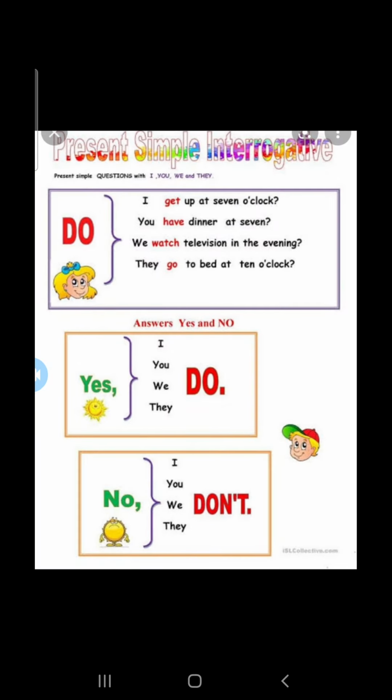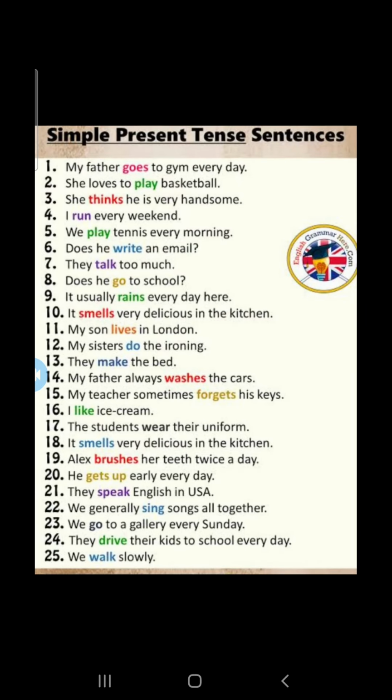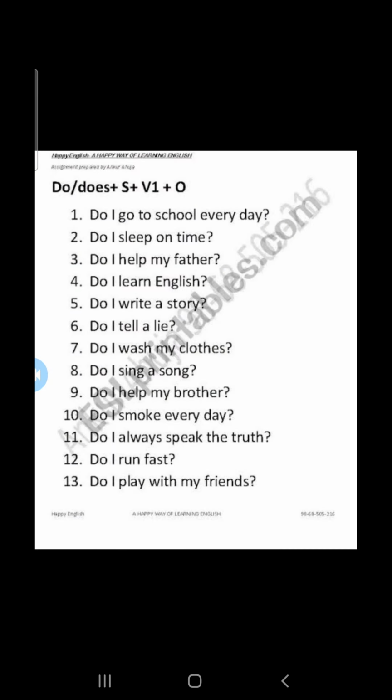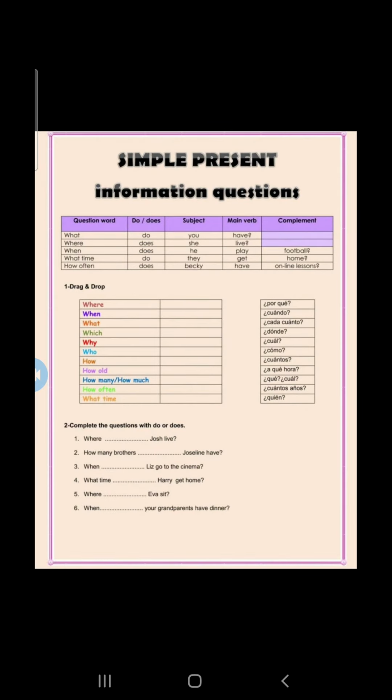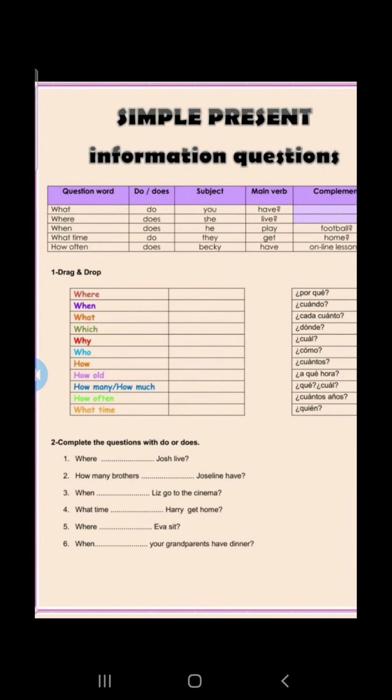Then the fourth one is WH questions. Here we have some question words: what, when, where, who, why, how. These all are WH question words. Now listen, we have to apply these question words before that. Look at this image.